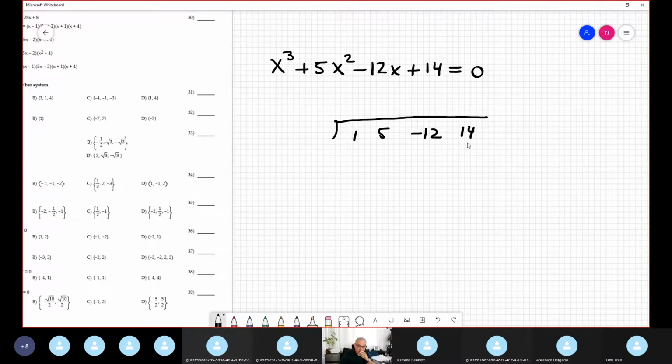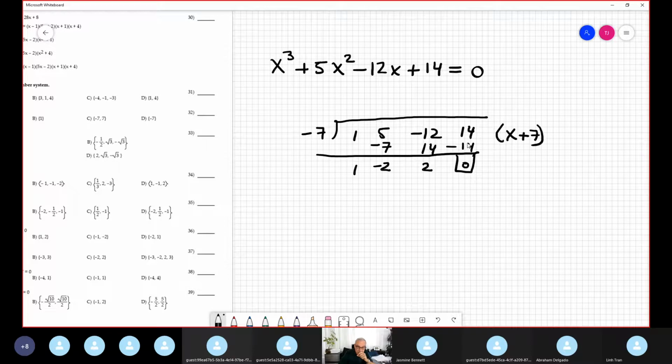And the 0 that I saw in the demo was -7, no? So bring down 1, multiplication is -7, this is -2, multiplication is 14, this is 2, this is -14. 0, good. Therefore the factor x plus 7 is equivalent to, say, x equal -7.